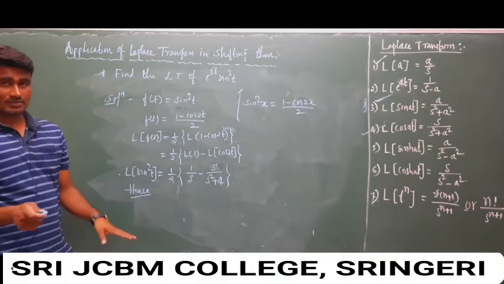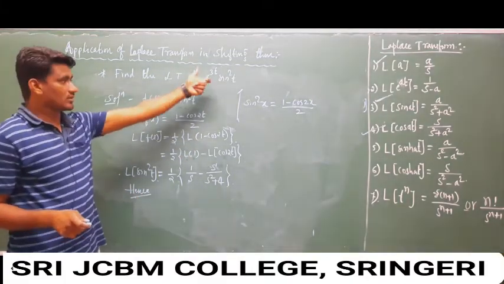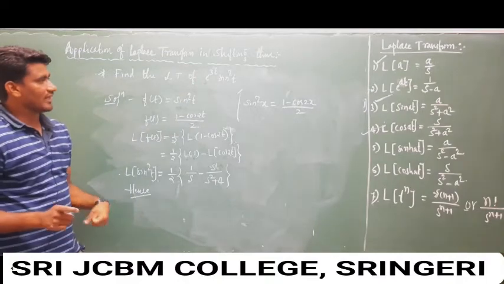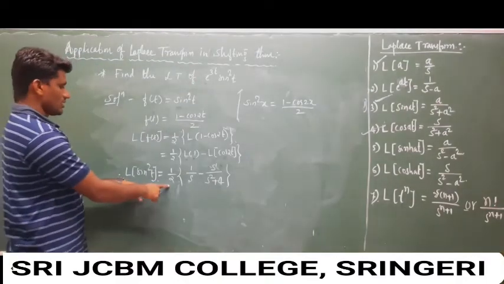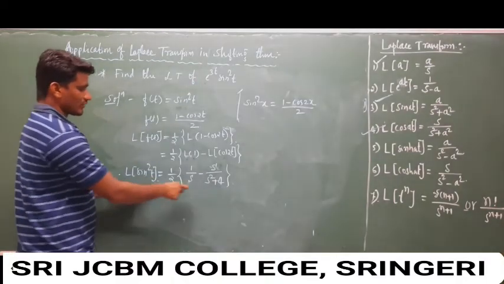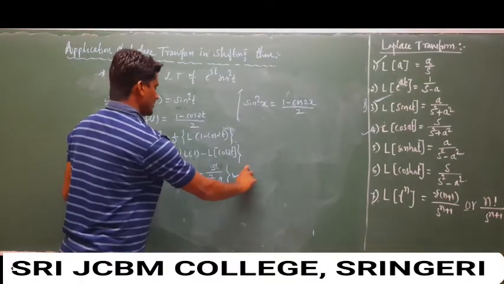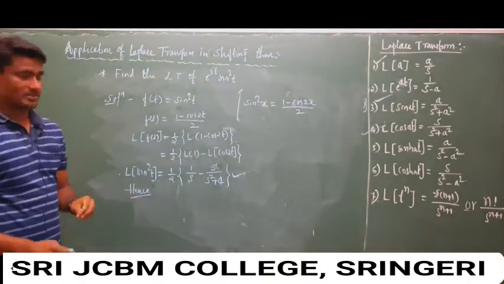Hence, with the help of the first shifting theorem, we calculate the given function e to the power 3t sin square t. We have the Laplace transform of sin square t, and now apply the first shifting theorem.